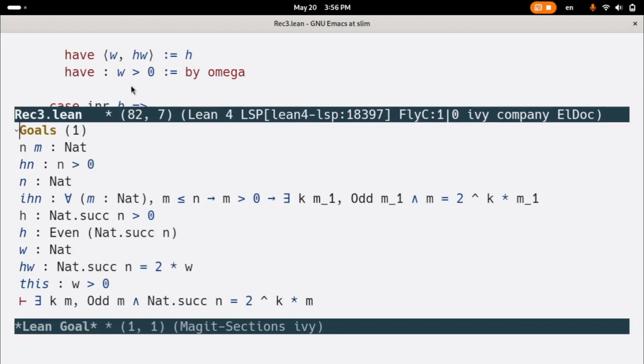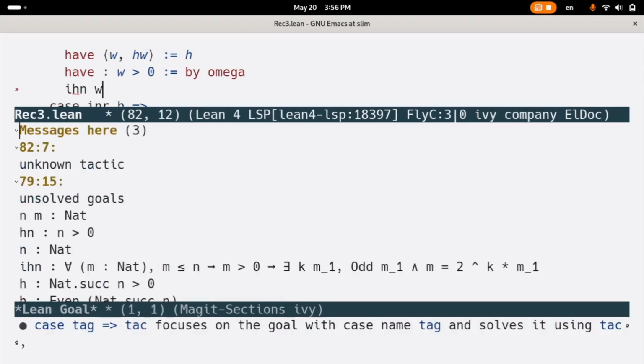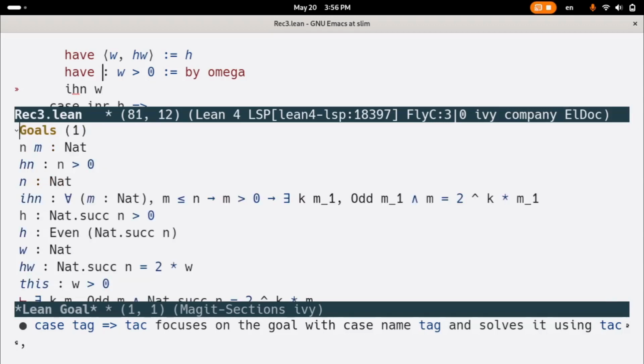Now we apply IHN with W and the proof that W is greater than 0.